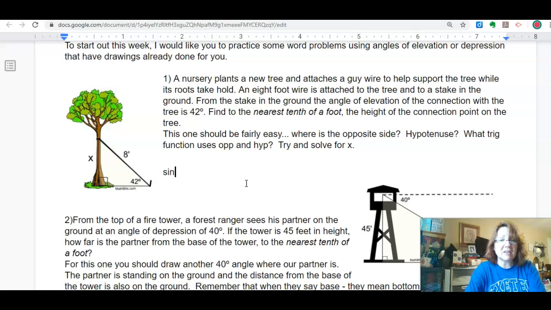So it should be the sine of 42 degrees equals x over 8. So you would set it up that way, and then you would solve for x by multiplying both sides by 8. So hopefully that will be something that you can do, multiply both sides by 8.